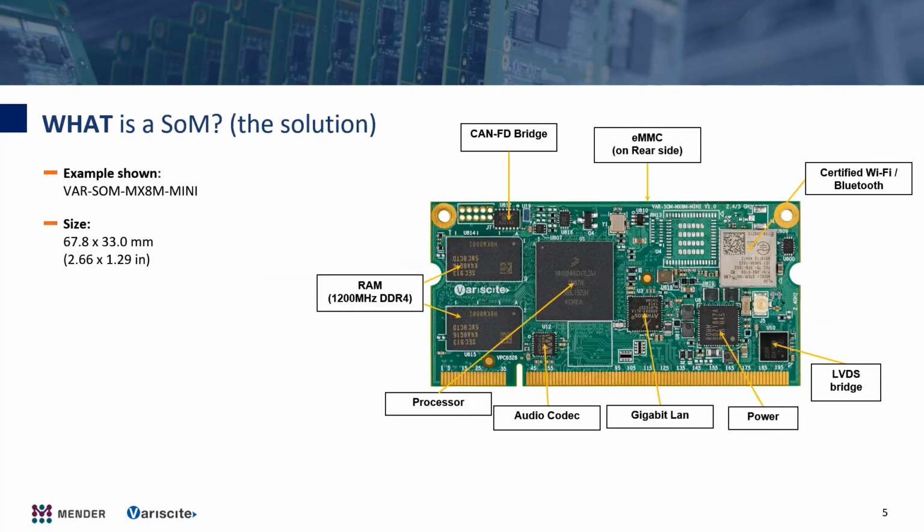The next slide is actually a zoom into our MX8 high runner system on a module. You can see that it contains the processor plus the ecosystem: memories, RAM, storage, connectivity, audio, anything.